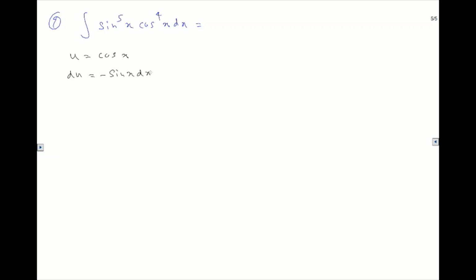So that means you need a negative sign. So what we can do is put the negative sign here, and also we need to isolate one sine term. So we can write this as sine 4x, and then we can have cosine 4x, and then negative sine x dx. We write it like that.